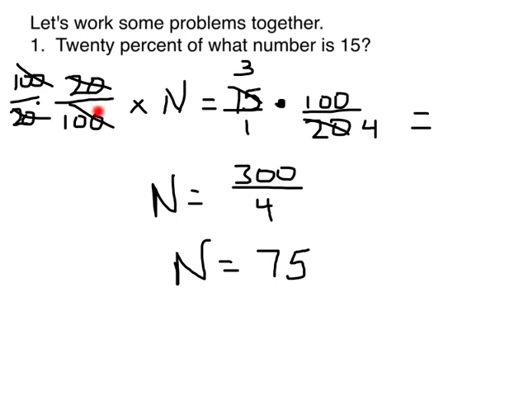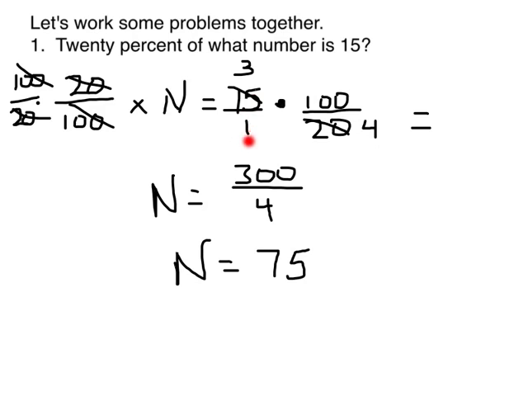I started with 20% of what number is 15. Alright, and I know to get n by itself, I'm going to have to invert and multiply, because this was multiplication, and to undo multiplication you have to do division, and to divide a fraction you have to invert and multiply. So I invert and multiply here, and I also invert and multiply here.